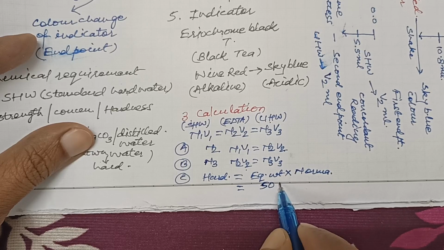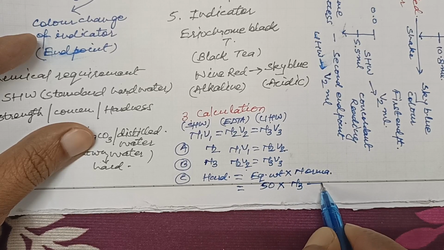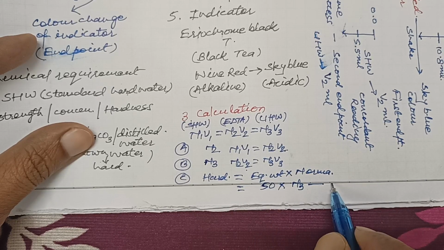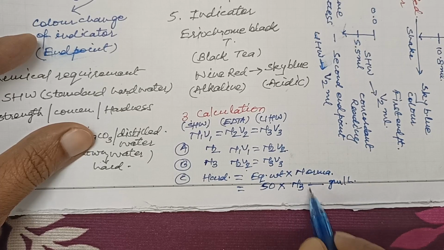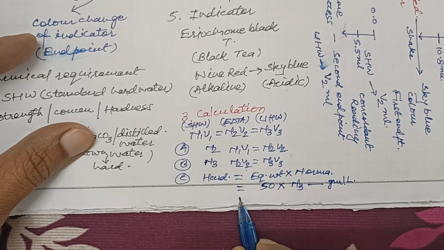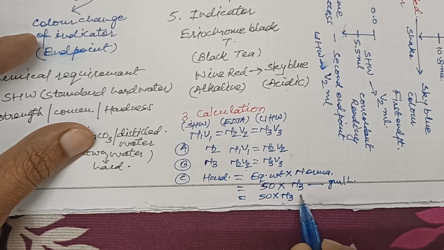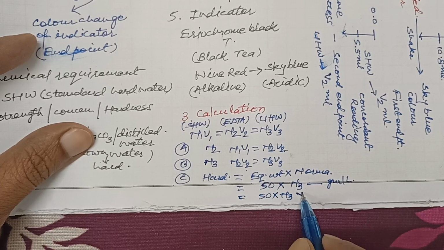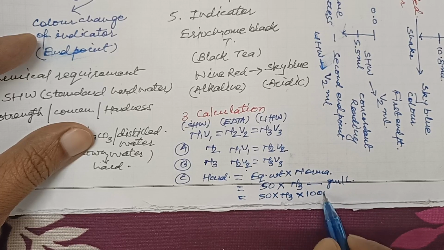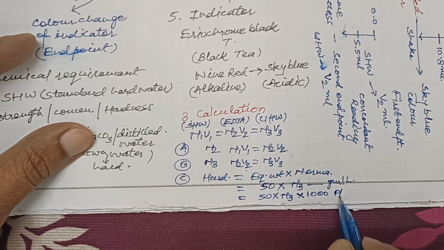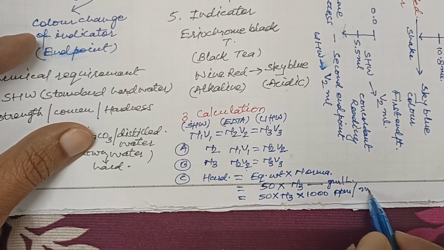So it is 50 multiplied by N3. So you get the answer in gram per liter. To convert it into ppm or milligram per liter, multiply by 1000. So we get the answer in ppm or milligram per liter.